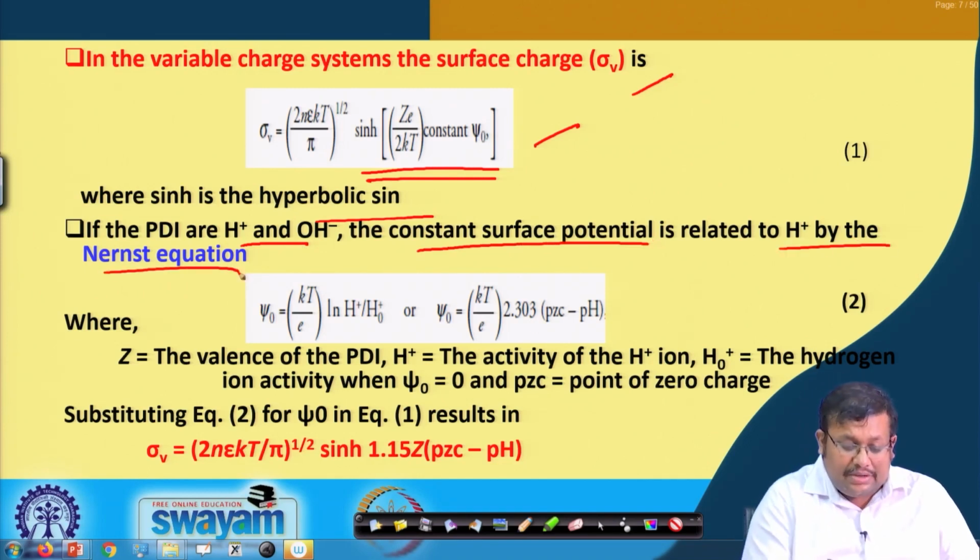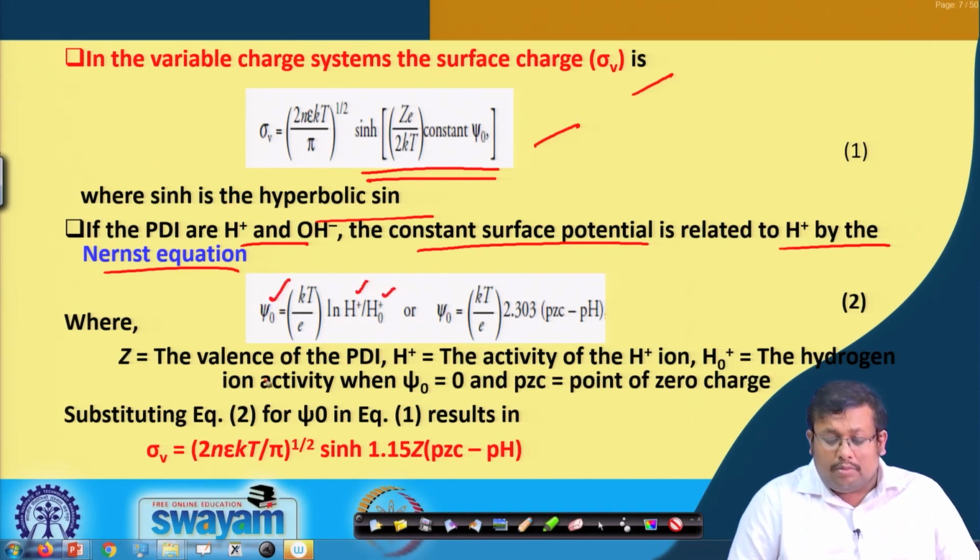So by the Nernst equation we can see that psi 0 is related to H plus and H plus 0 using this formula, and if we simplify this formula we will get this equation 2.